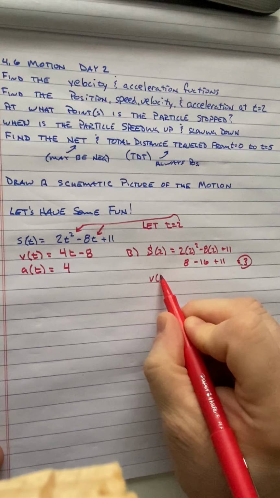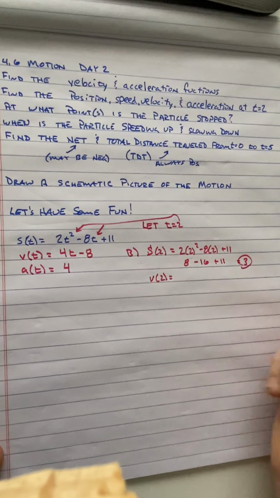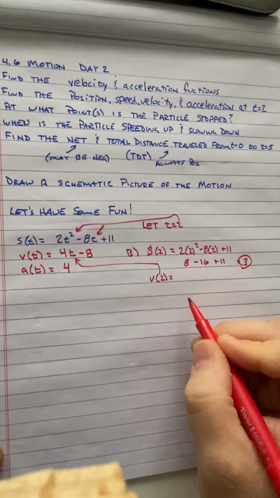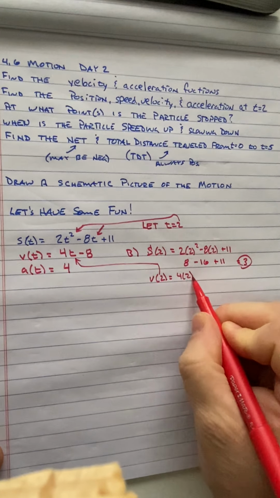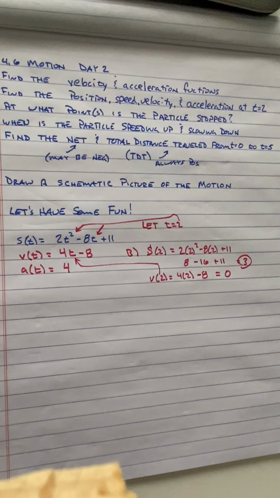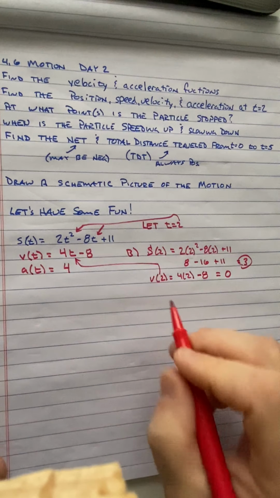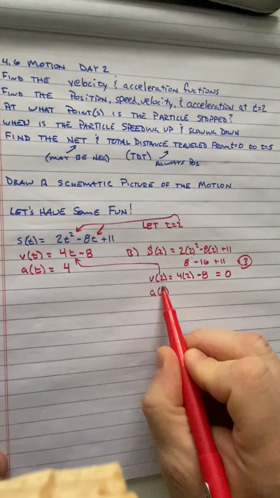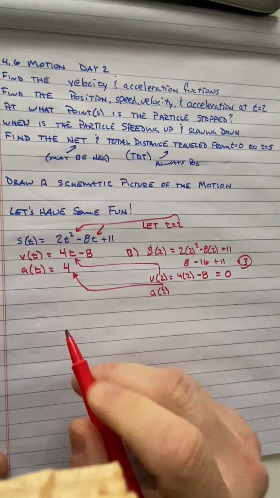How about the velocity? What's the specific velocity at t equals 2? So you put that into your velocity machine. The velocity is 0 at t equals 2. That means this particle is stopped. Let's find the acceleration at t equals 2. Shove that 2 in. There's no place to put it.